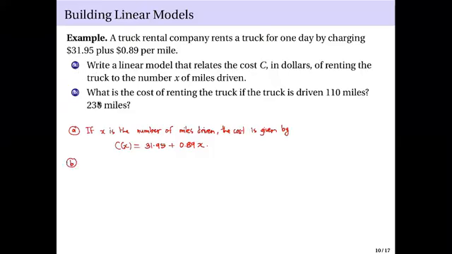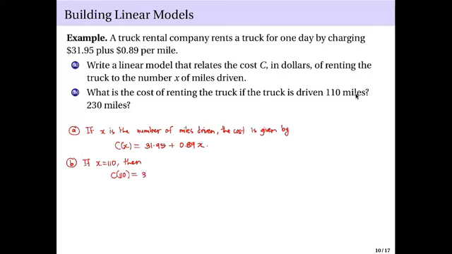For letter B, what is the cost of renting the truck if the truck is driven 110 miles? So if X equals 110, then we just have C of 110.